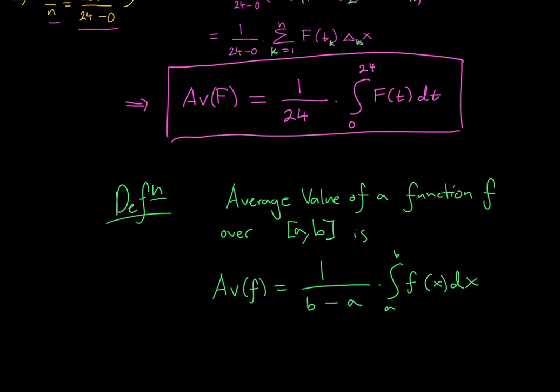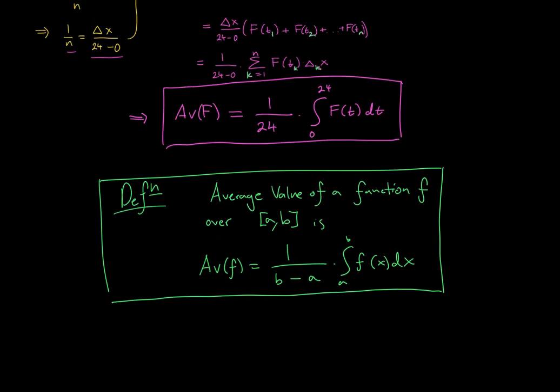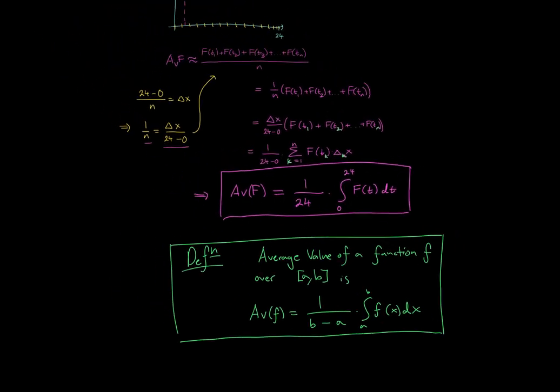All right? So that's something we got to know. Average value of a function. Especially when we start talking about this new mean value theorem for integrals, we need to know the average value of a function in order to comprehend that.